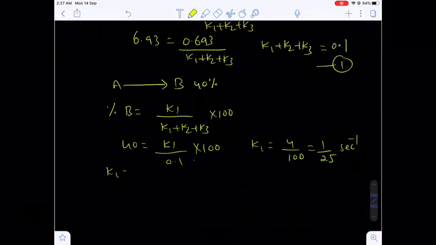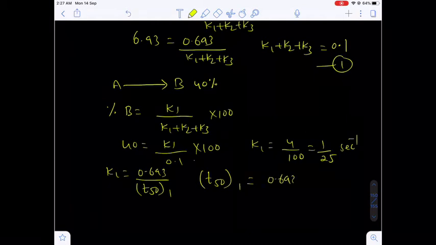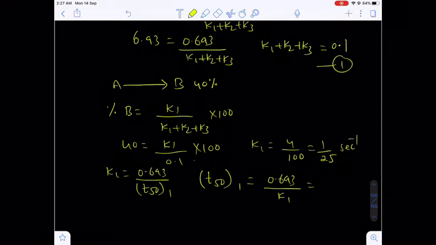Now, what is K1? That is equal to 0.693 by T50 for the first path reaction. So T50 for the first path reaction is 0.693 by K1.